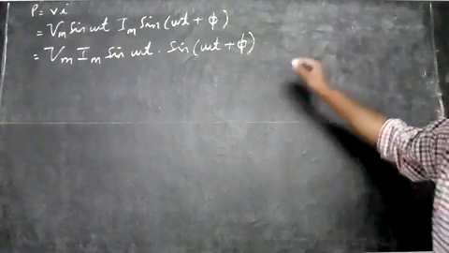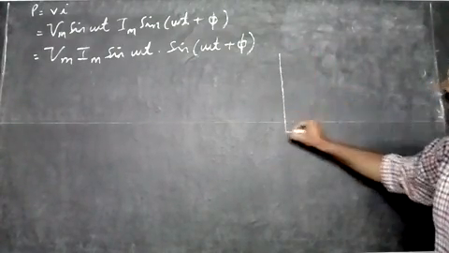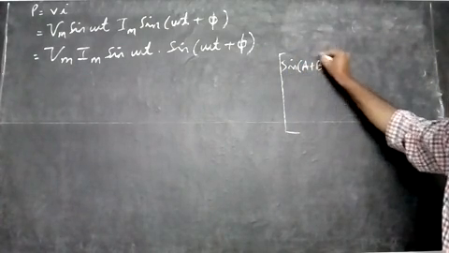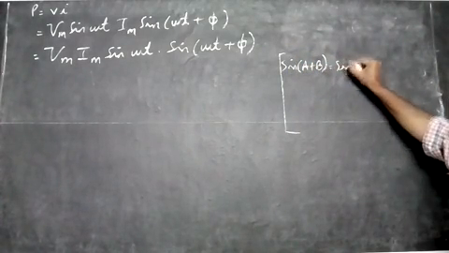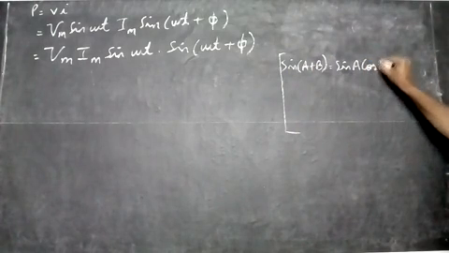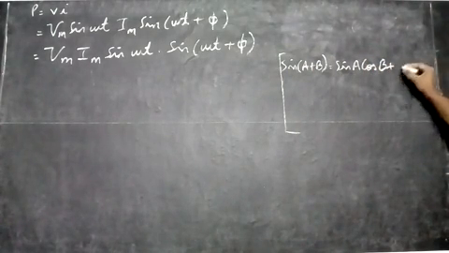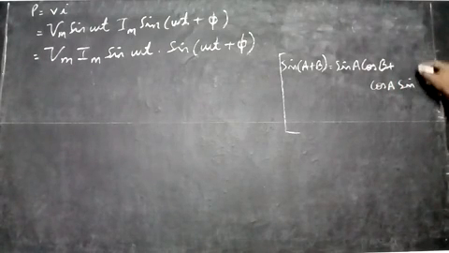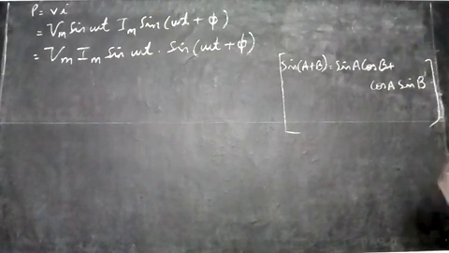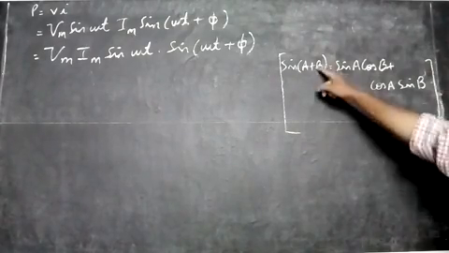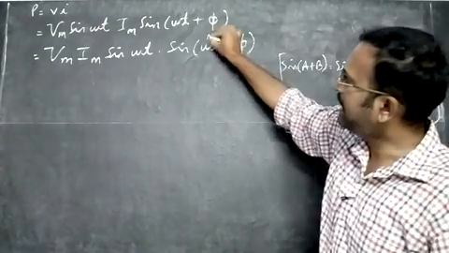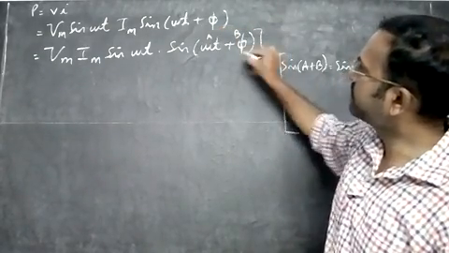So for this I'll write a formula here. What is sine of A plus B? Sine (A plus B) is sine A cos B plus cos A sine B. So this is the formula. In this term I'll take A and in this term I'll take B. Let us put a square bracket here.